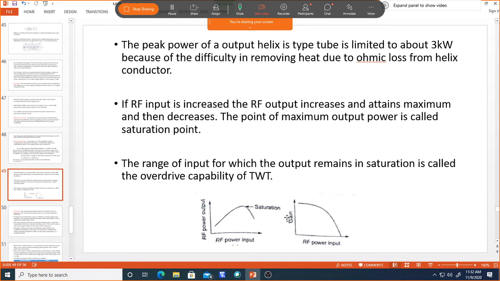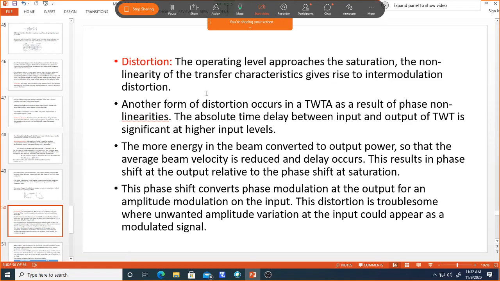Also, the gain characteristic with respect to input power decreases. As the RF input power increases, the loss becomes more and is dissipated as heat.